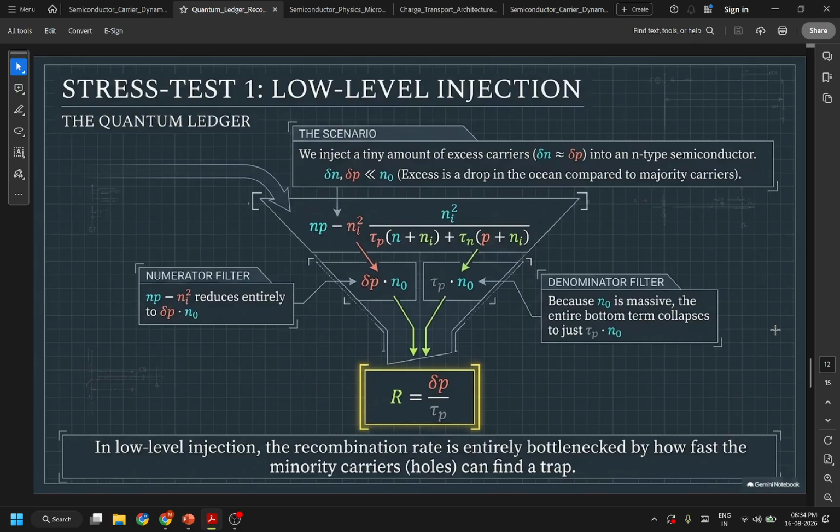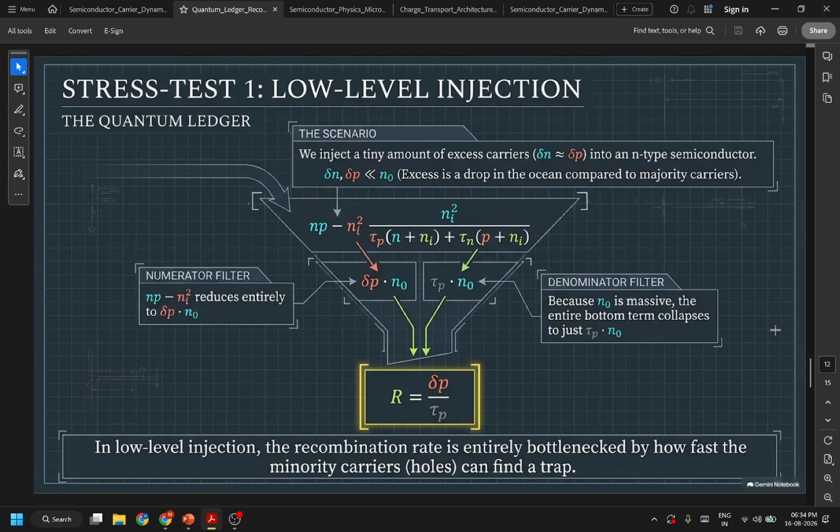So that would make n0 plus delta n equal to n0, and so np minus ni squared, if we calculate, reduces to delta p times n0.